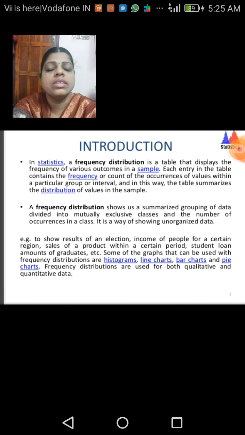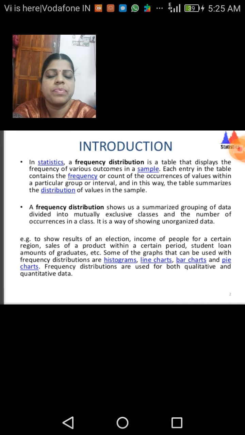And if you want to represent it diagrammatically, we can graphically represent it through various diagrams, that is histograms, line charts, bar charts and pie charts. These are the different diagrams through which this frequency distribution can be represented graphically.